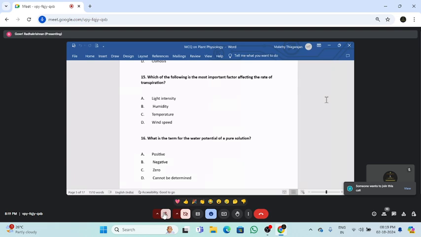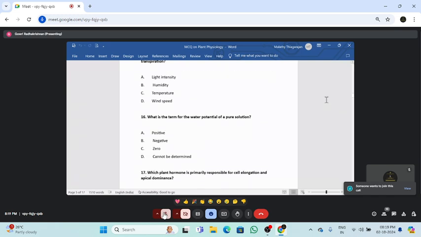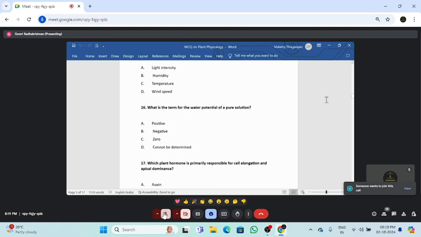Humidity. Humidity in the atmosphere. When you look at the options, you may think temperature, but temperature actually doesn't help much. It's only the humidity.